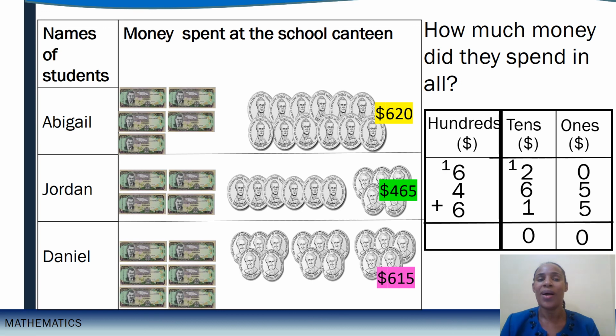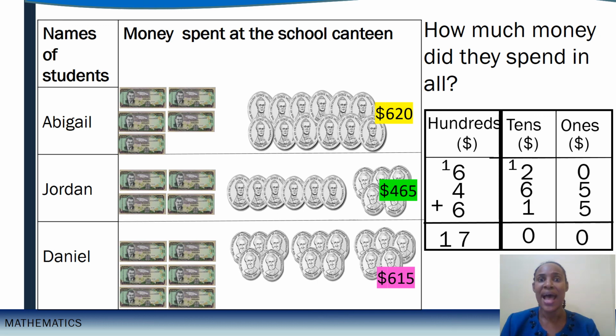Let's add the 1 to the 6. 1 added to 6 gives us 7. Now we will add the 2 to the 7. 2 added to 7 gives us 9. And then we will add the 1 to the 9. 1 added to 9 gives us 10. So there we have it, boys and girls. 10 tens.